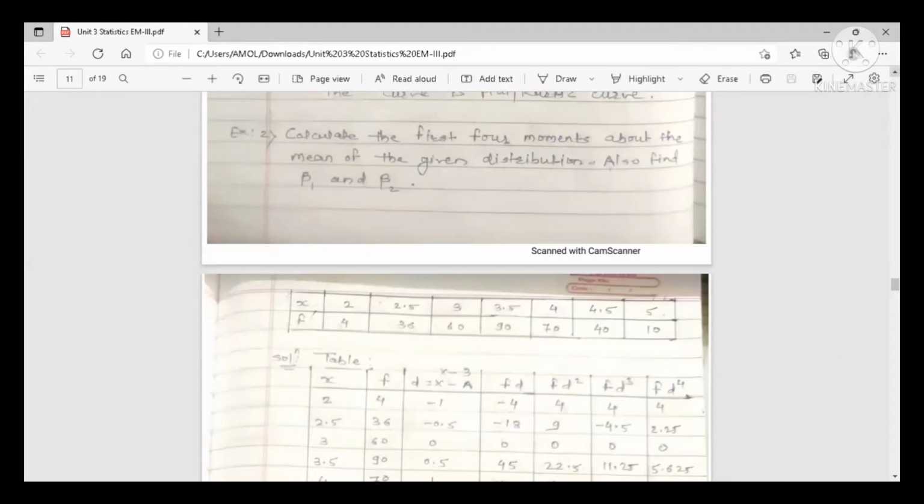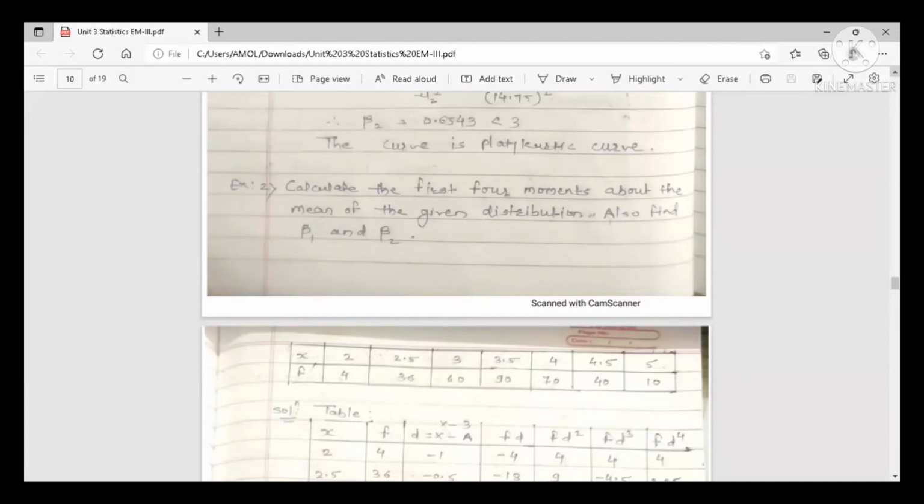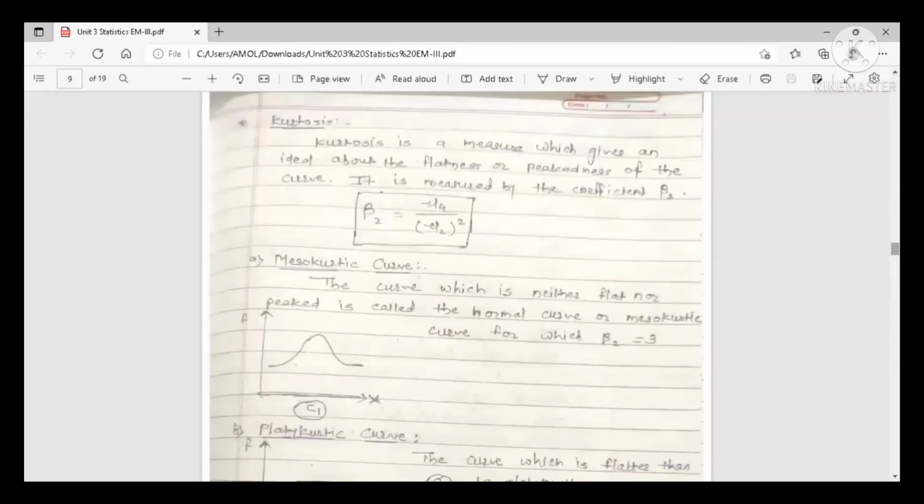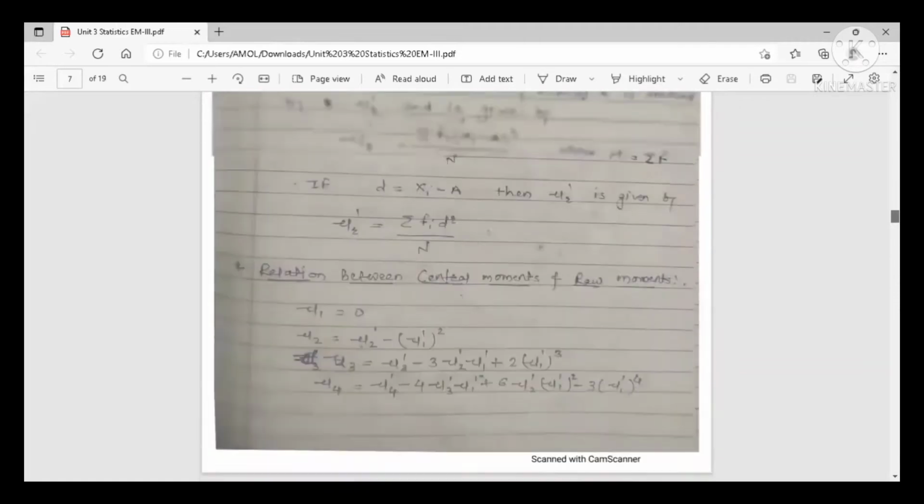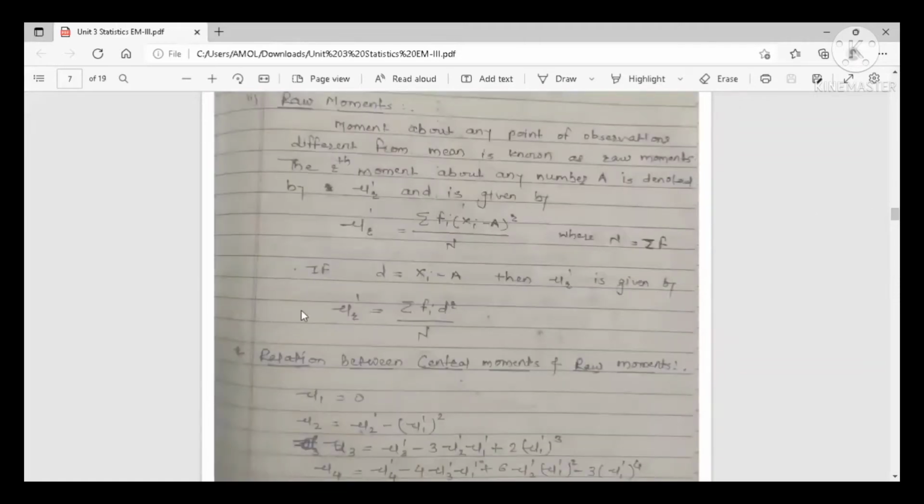In the previous lecture, when we started this 3rd unit, statistics, we discussed raw moments. The general formula to find the raw moment is: mu r dash is equal to summation f i into d raised to r upon n.